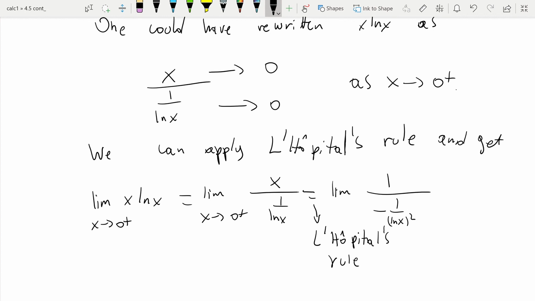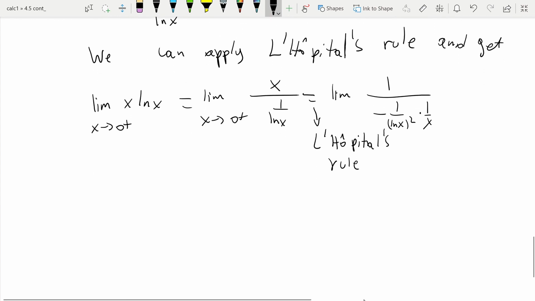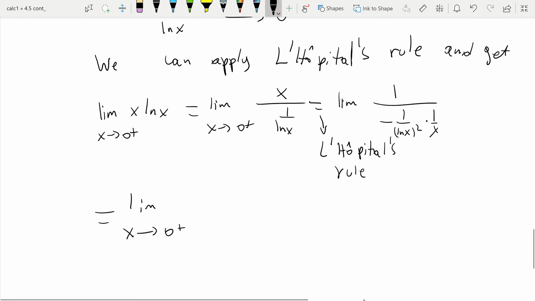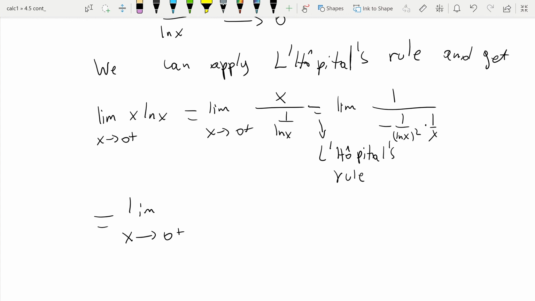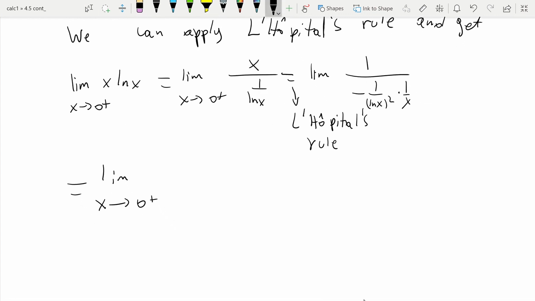Remember, because we have a composition of two functions, we need to apply the chain rule, times the derivative of natural log. And what is the derivative of natural log? It is 1 over x. So this is the same as the limit as x approaches 0 plus of minus x times the natural log of x squared.